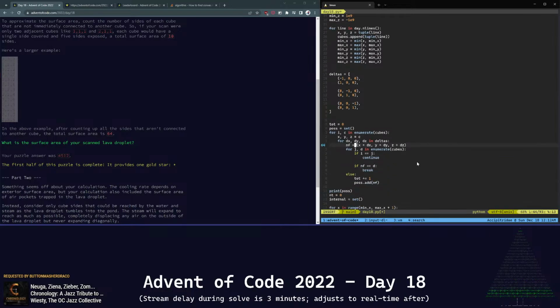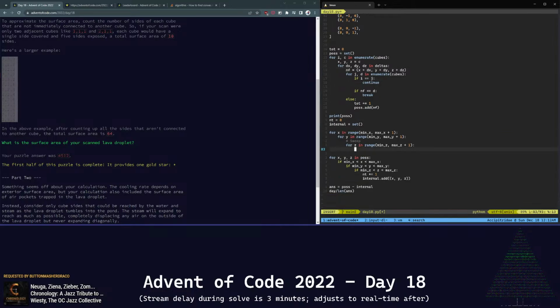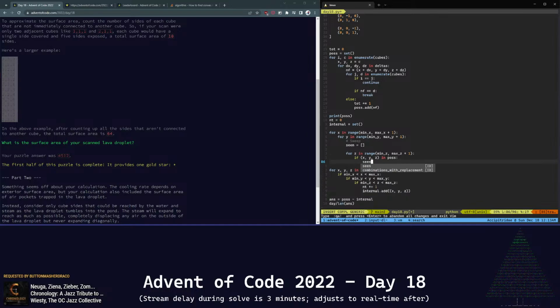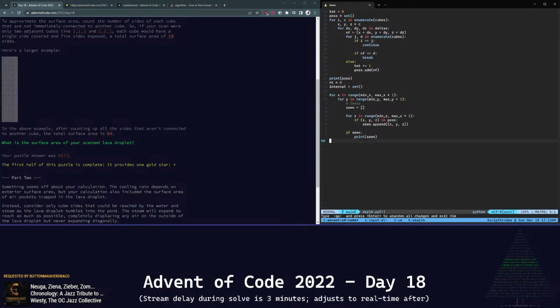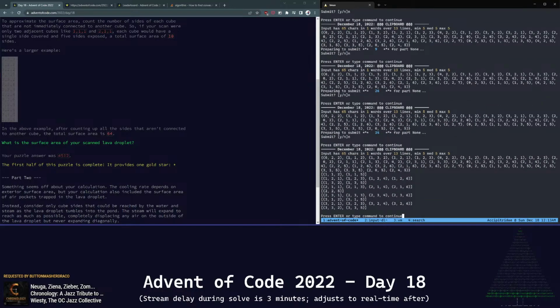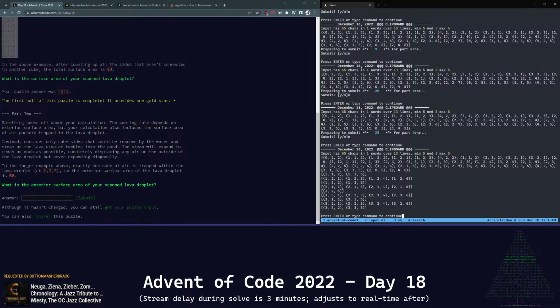X, X, Y, Y, Z, Z should be fine. So we find the ordering of the faces, and then if X, Y, Z is in pos, this should return us like one face. 1, 2, 3, 4, 5, 6, 7, 8.